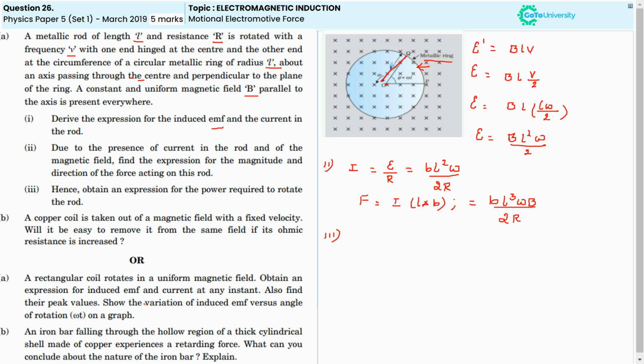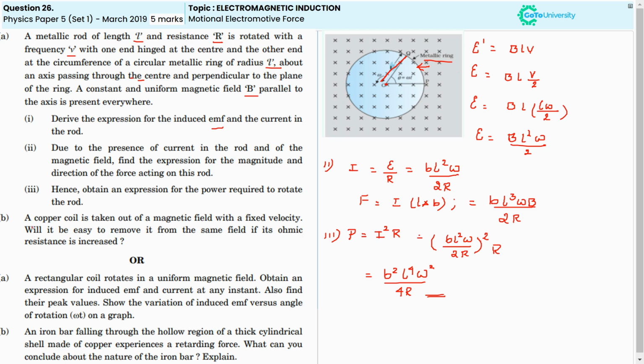Power, we know that P is equal to I square R, where I is equal to B L square omega divided by 2R, whole square times R. Then our equation is P equals B square L to the power of 4 omega square divided by 4R. This is the expression for the power.